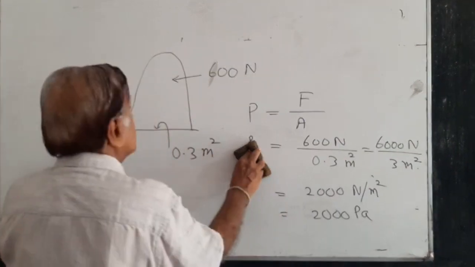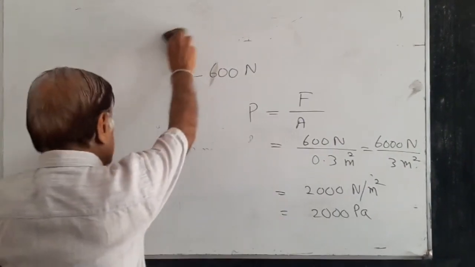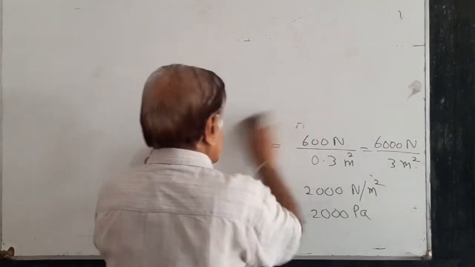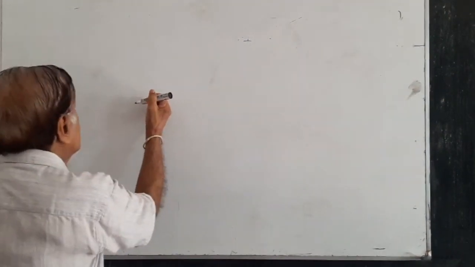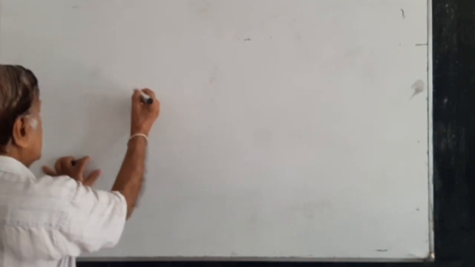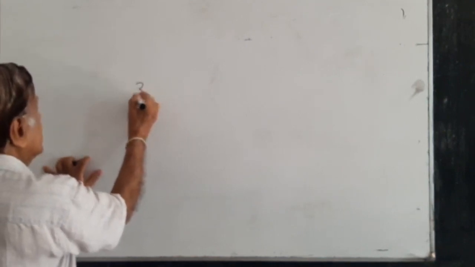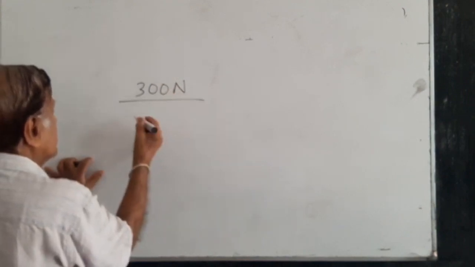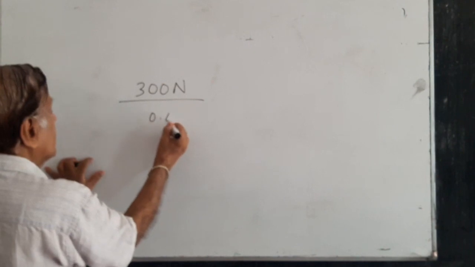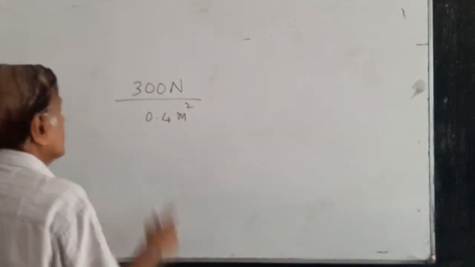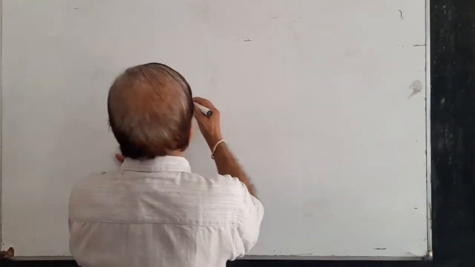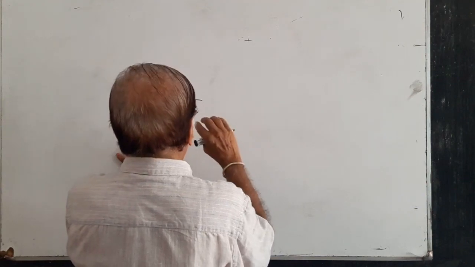Now, what will happen when the same force is applied on two different areas? Now say a force of 300 newtons is acted on an area of say 0.4 square meters. This force is applied on this area, and let us think of another situation.